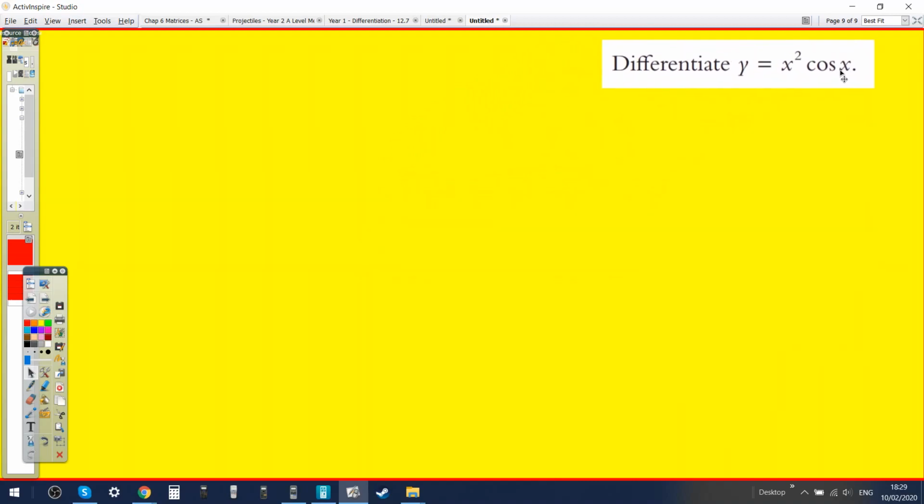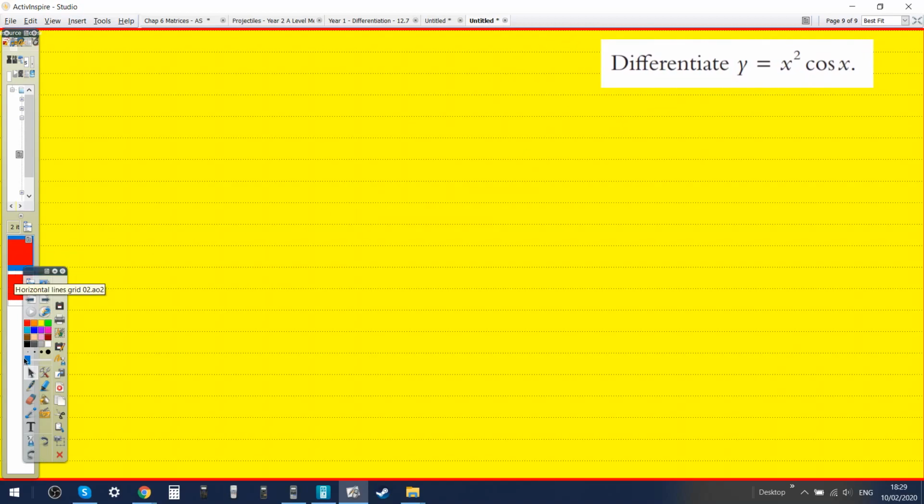So this is product rule. We think that u is equal to x squared, v is equal to cos x, u dash is 2x, v dash is cos x.